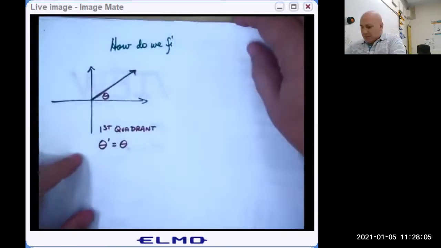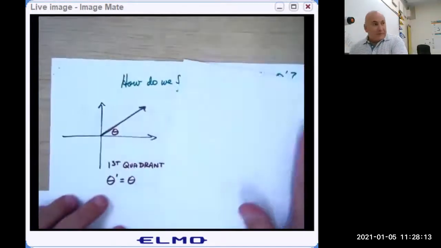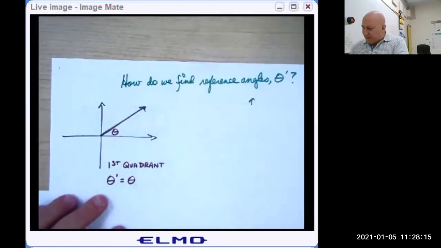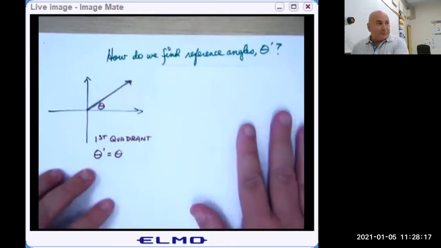So how do we find these reference angles?